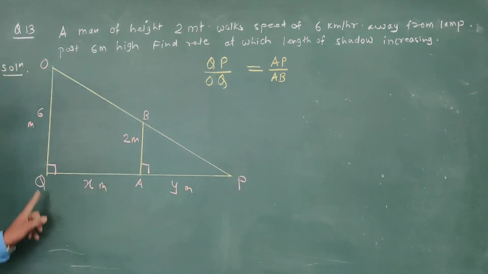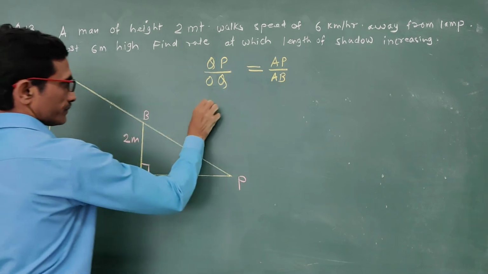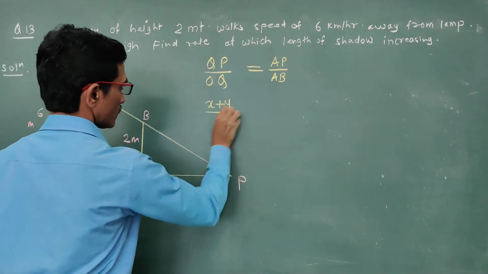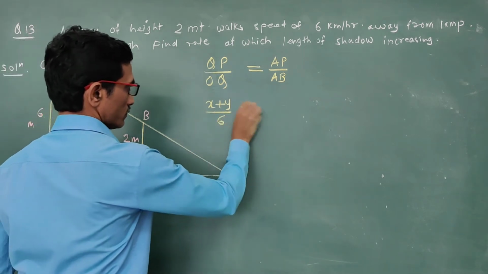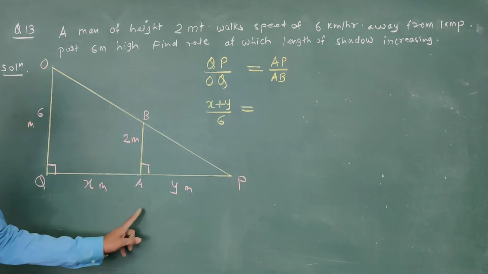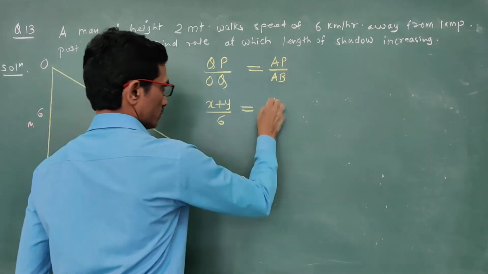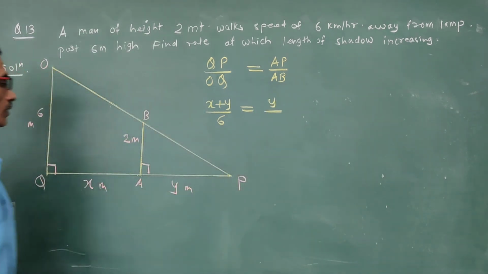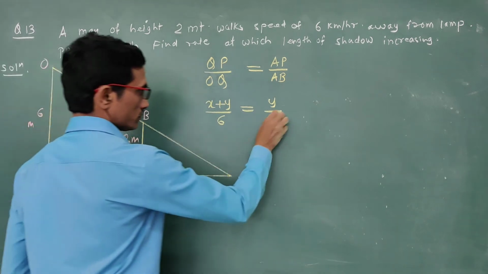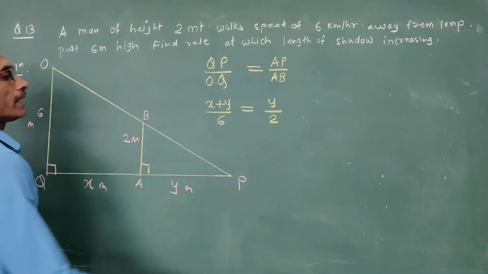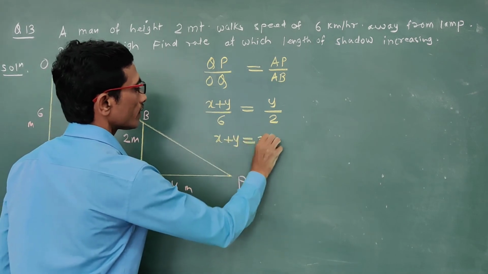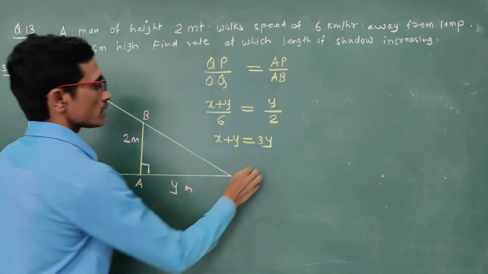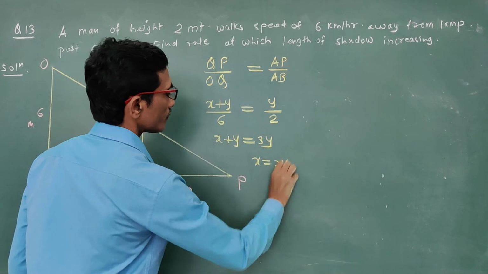Now QP is equal to x plus y and OQ is equal to 6. AP is y, AB is equal to 2. So we are getting x plus y is equal to 3y. That means x is equal to 2y.